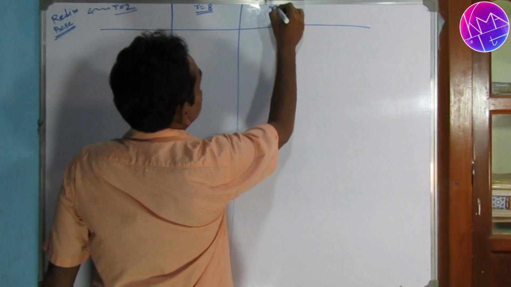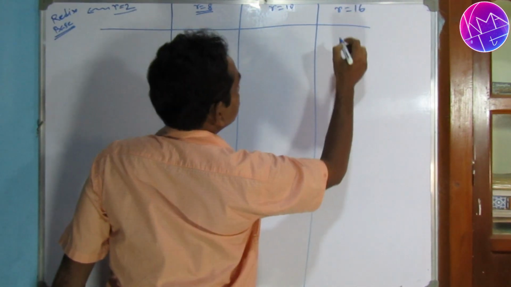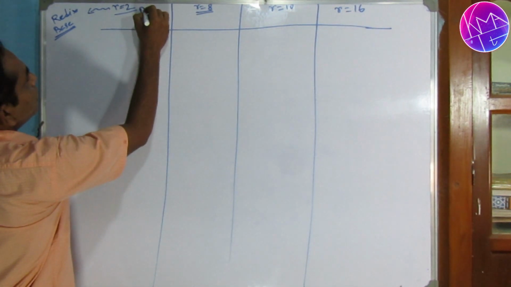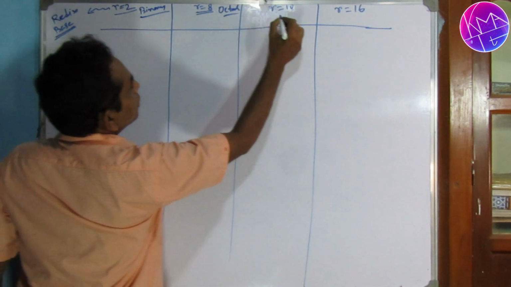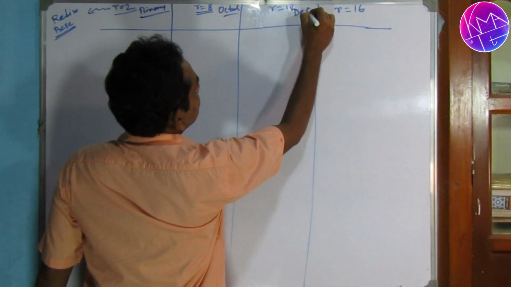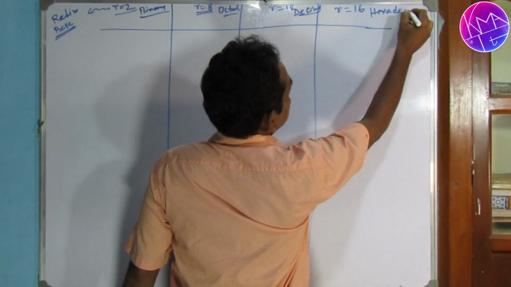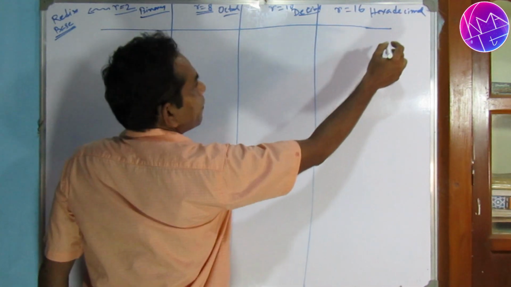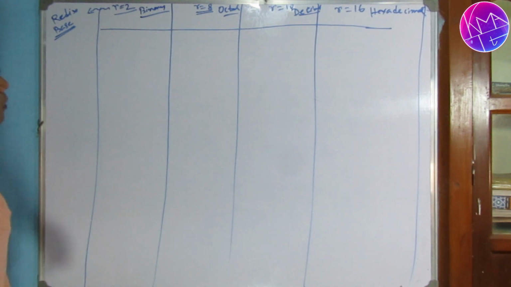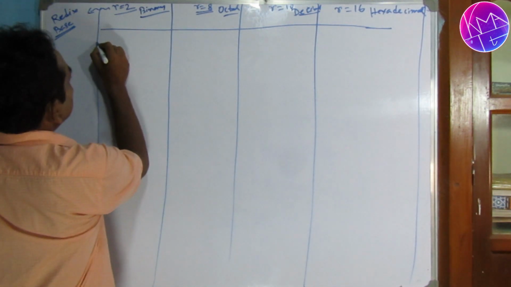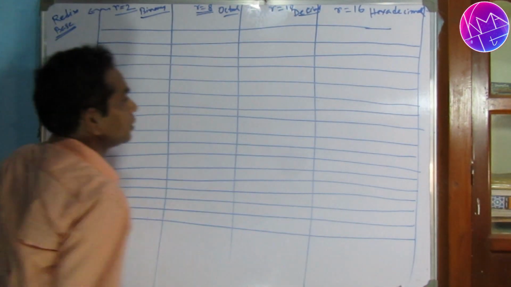Then r equal to 10. Then r equal to 16. Okay, so this is your binary. This is octal. This is decimal, and this is hexadecimal. Now let's complete it. Okay, 16.